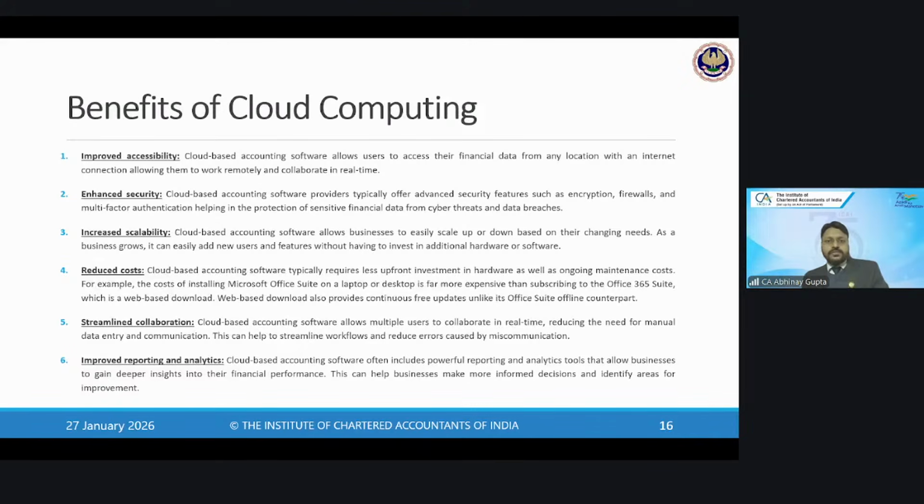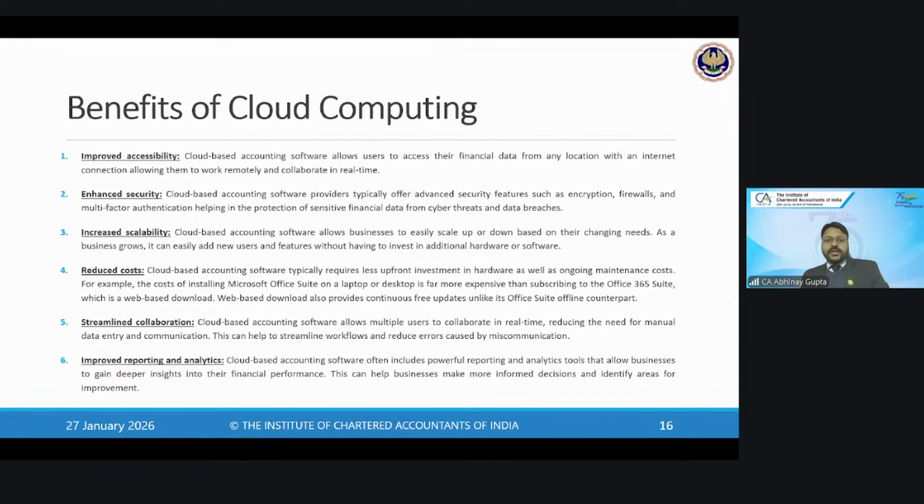Okay, what are the benefits of cloud computing? Definitely there is time saving, and access to data at any time. Number one, improved accessibility.